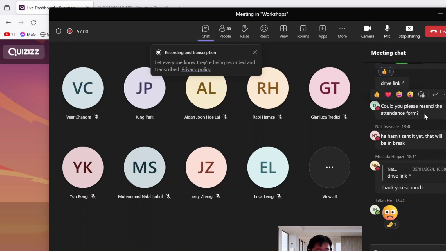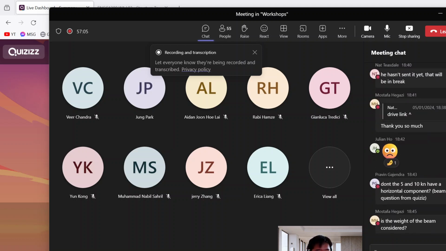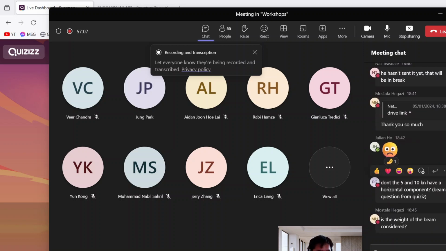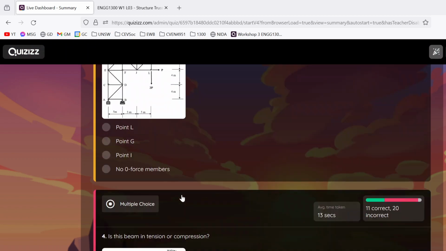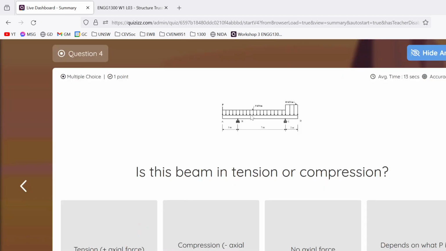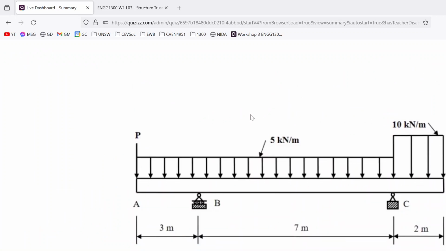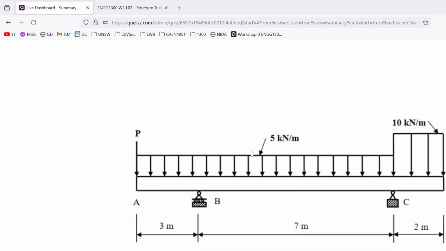Attendance form. So yeah, we'll do attendance right after I stop talking here. The 5 and the 10 kilonewton have a horizontal component. Beam question from quizzes. Oh, I know what you mean. For the civil school. Those arrows there, the diagonal ones, don't denote the direction of the force vector.